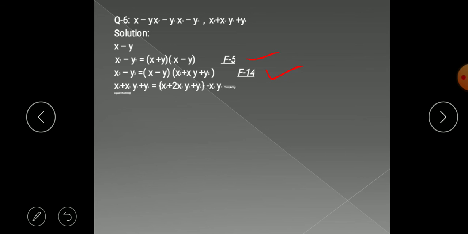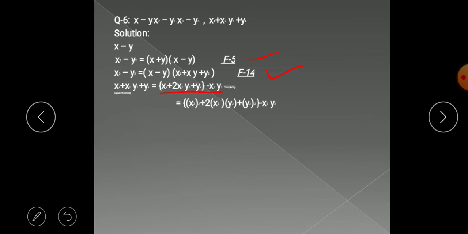And this is the factor form of the fourth polynomial, x4 plus x square y square plus y4. I have applied here the perfect square formula. It will give me x4 plus 2x square y square plus y4 minus x square y square. So I have done here the transformation according to the completing square method.